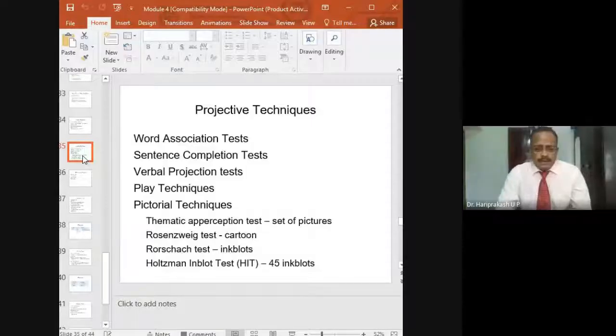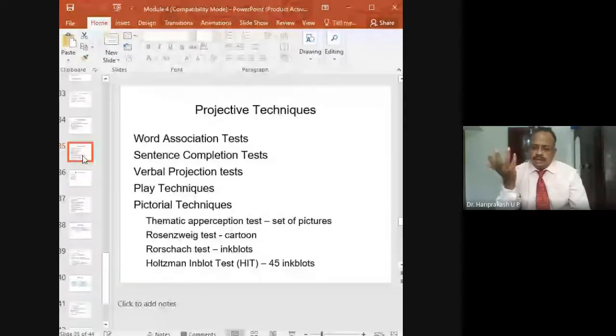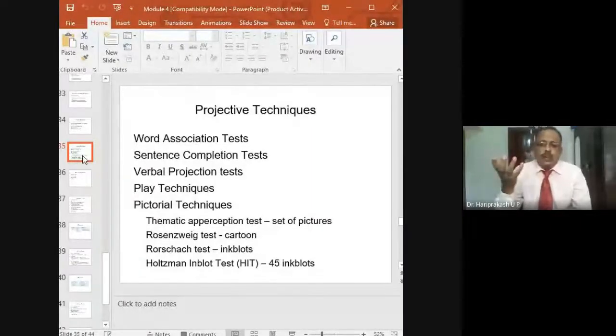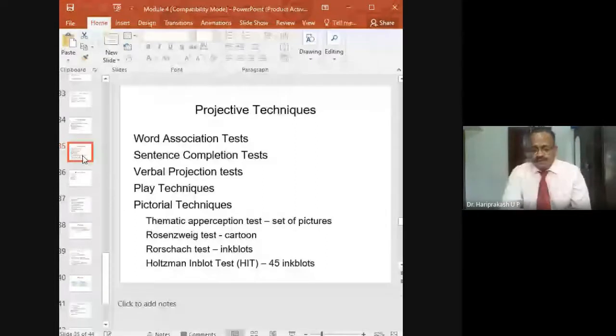Why? Because their personality is different, the way they think is different. They will associate different things with the words, and what they mean and understand. For example, if I ask 10 people in your class about cloud, each one will give different answers, right? So what do you think about when I say the word cloud? Some people will say rain. Some people will think it is water. Some people will say coolness.